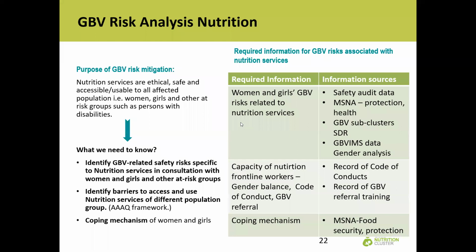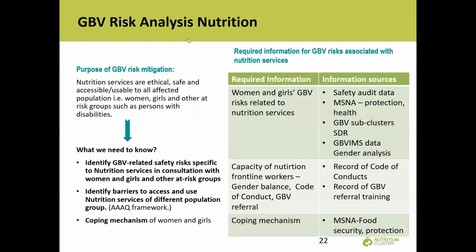So for GBV risks, the reason we do GBV risk mitigation is to make sure that services are accessible and safe, especially for women and girls. To do that, it's really important to understand what the GBV-related safety risks are associated with nutrition programming and nutrition services. Also, what barriers do children and women face when they use or access nutrition services.